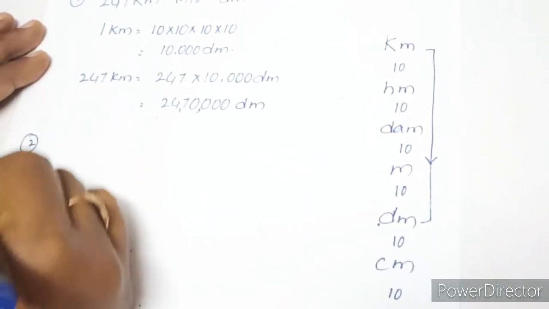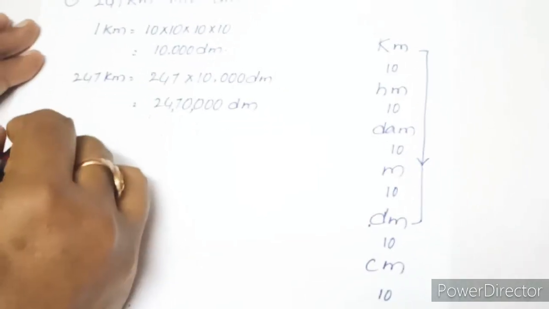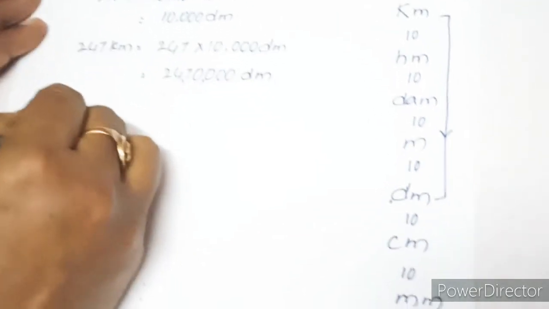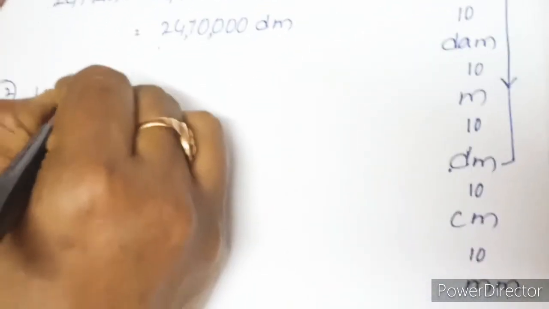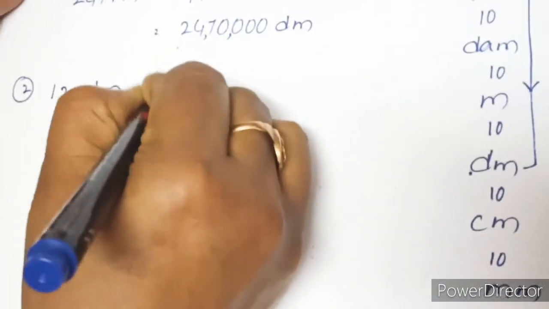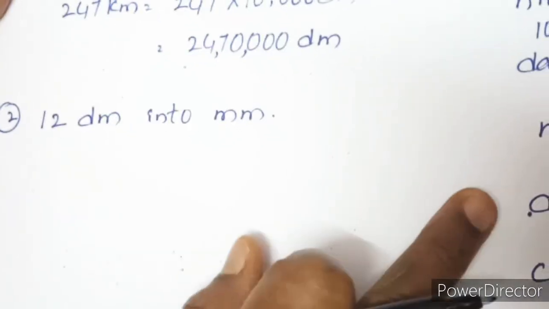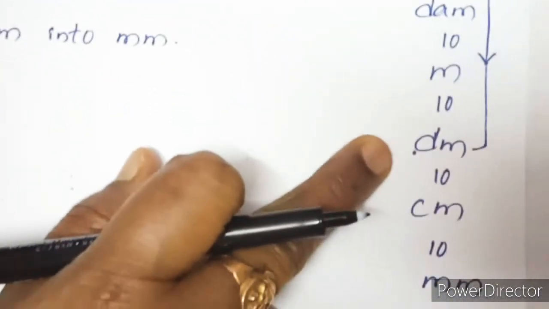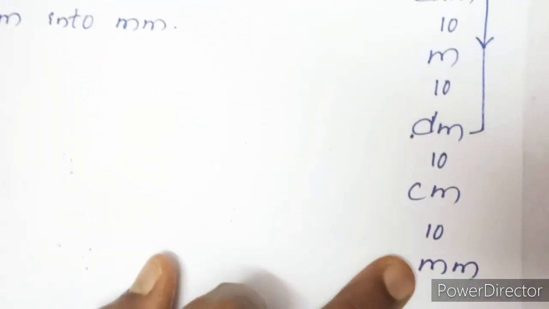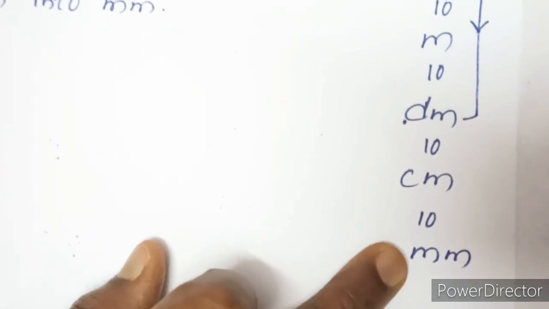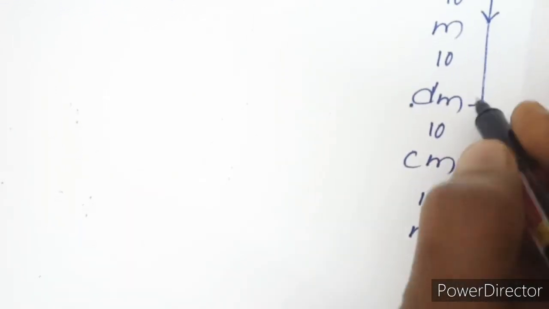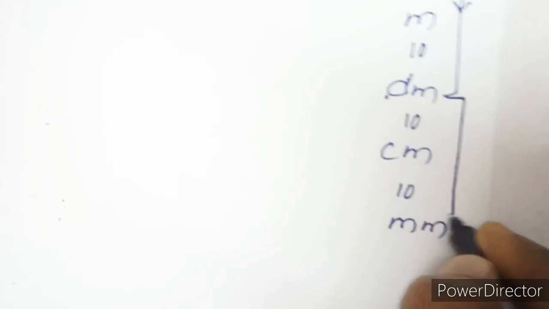One more example we will see: how to convert 12 decimeters into millimeters. Now where is decimeter? Fifth position. Where is millimeter? Last position, seventh position. So here also you are coming down.